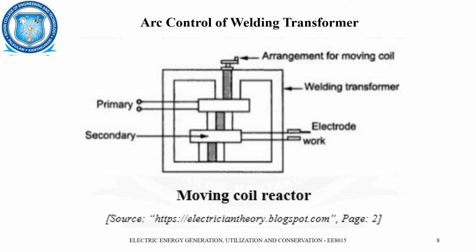When we move it, the primary part of the transformer moves towards the secondary or away from the secondary, and depending upon that, the amount of current generated will vary. If it is closer to the secondary coil, more current will be generated. If it is far away from the secondary coil, the amount of current generated will be less. In such a case, we can produce the arc discharge in correlation with the amount of current generated.